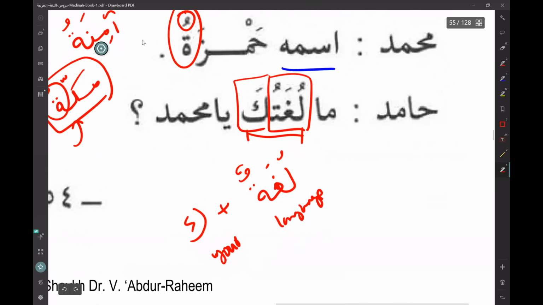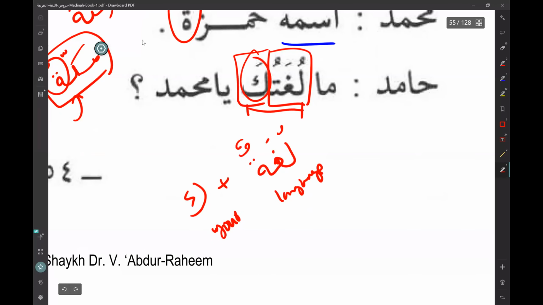Don't underestimate this kaf. Don't think this is nothing. This is still a separate word. In English, we have a separate word, your. In Arabic, this kaf is also a separate word. It's not something simple, no, it is a proper word.